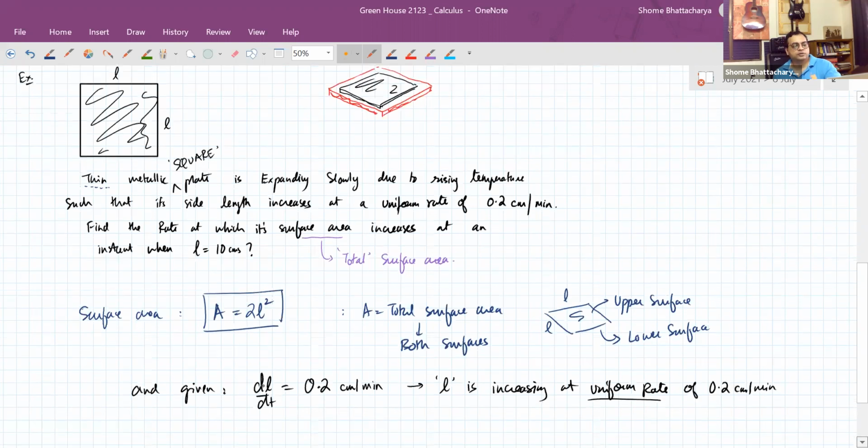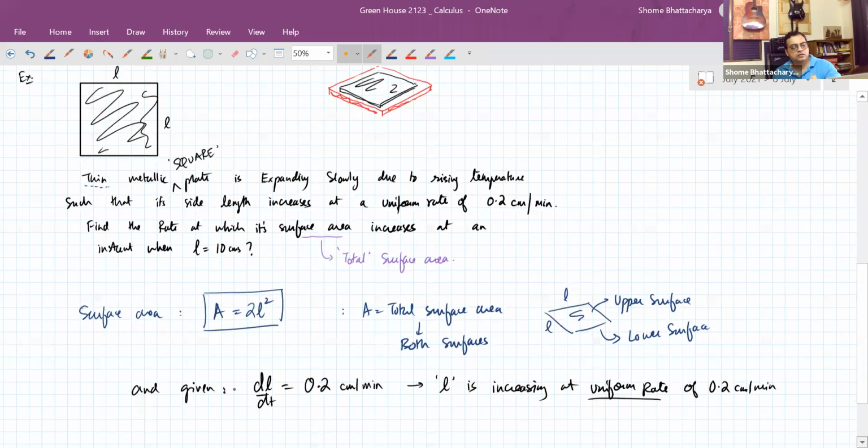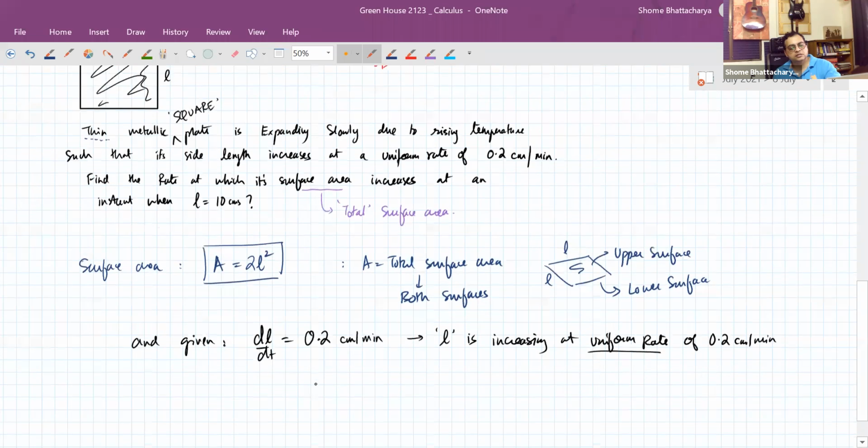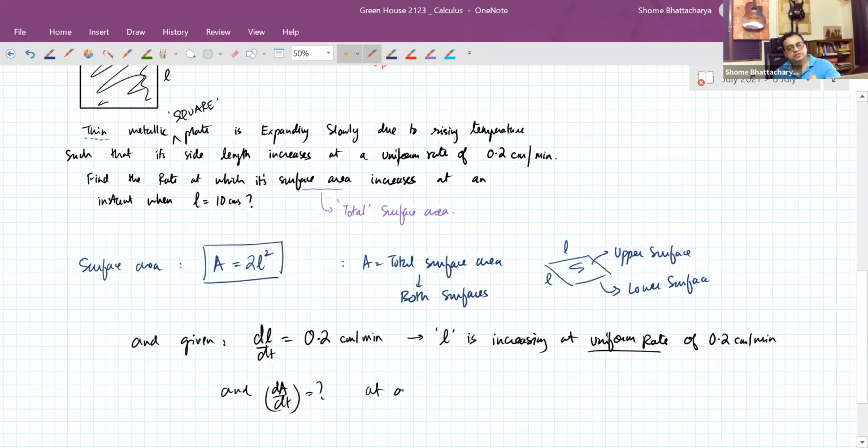So from that, what we have to do is find the rate at which the area is changing at an instant when L is equal to 10 centimeters. This is what we have to do.